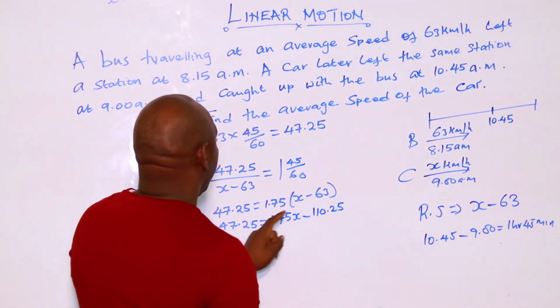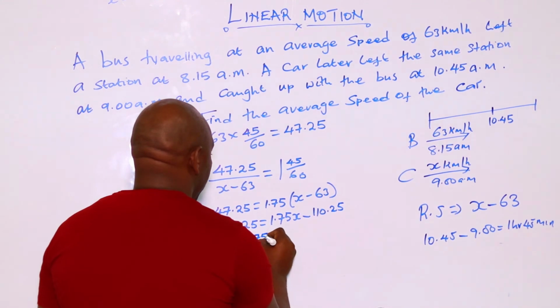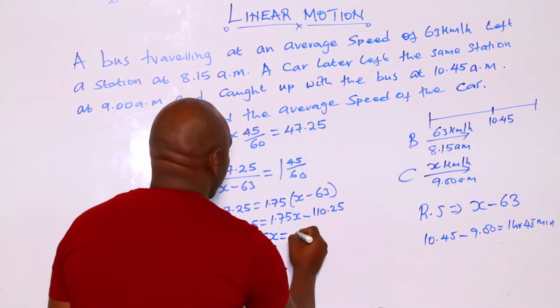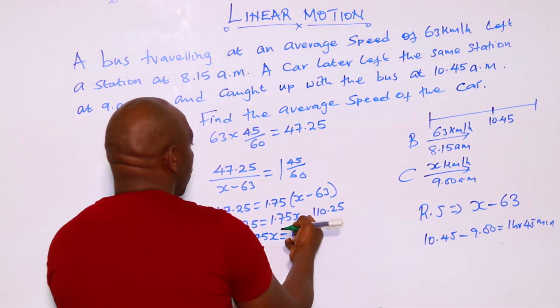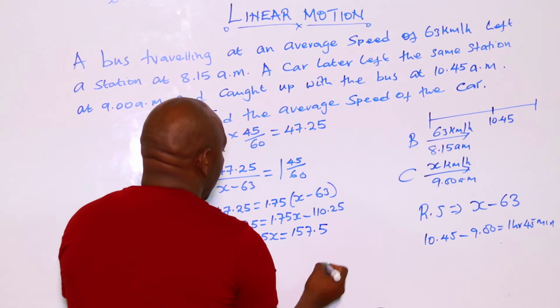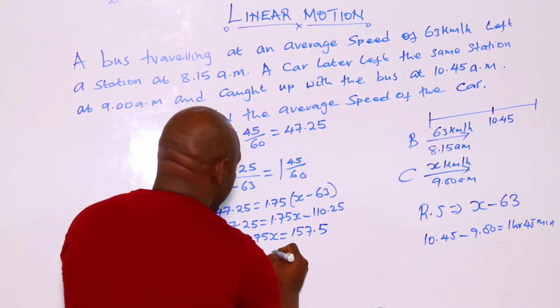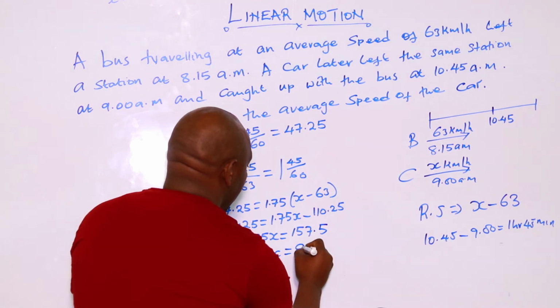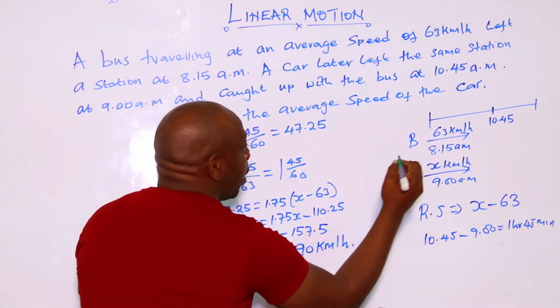If you put the x terms together, you get 1.75x equals to 157.5. We have brought this on this side, so this was a minus, becomes plus 157.5, and if you divide through by 1.75 you get x equals to 90 kilometers per hour.